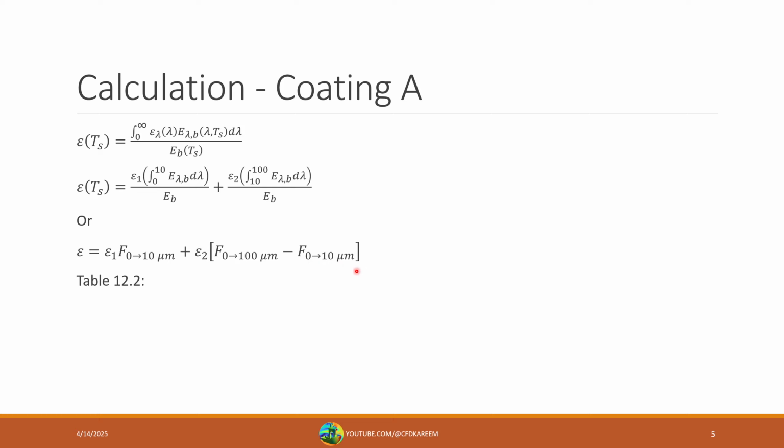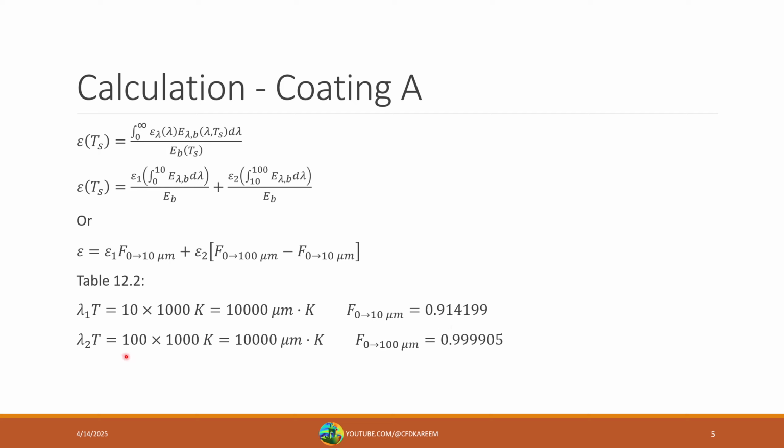And if we go to table 12.2, we can calculate these two values. From lambda 1, from 0 to 10, we'll multiply that by our given initial temperature of 1000 Kelvin. We can see that we have about 10,000 micron Kelvin. And when we go to our table, we'll find that gives us an F from 0 to 10 micron equal to about 0.914199.